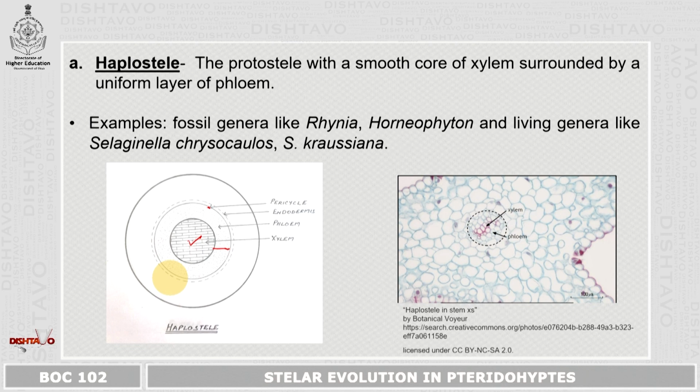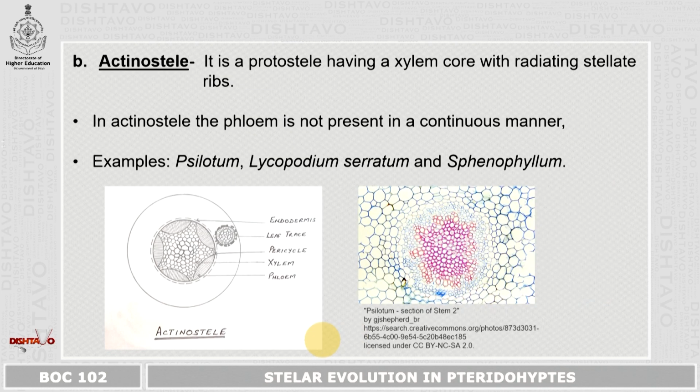Here you have a microscopical image showing haplostele. Examples are Rhynia and Selaginella. It is the most primitive one of the four that we are going to talk about.